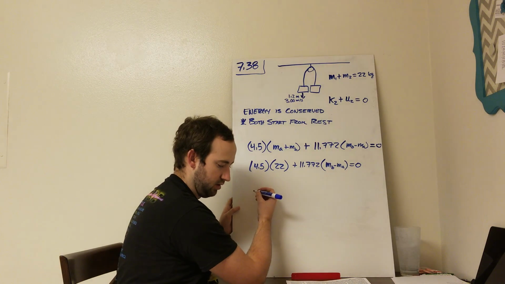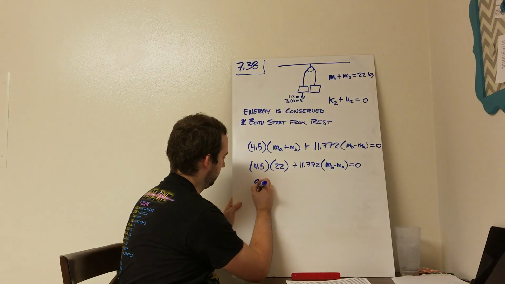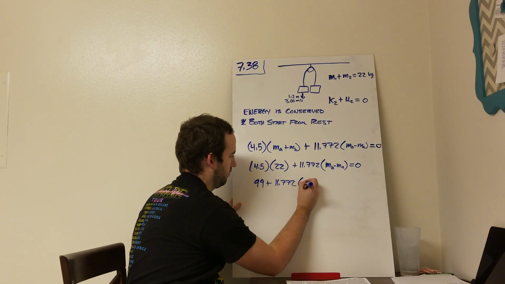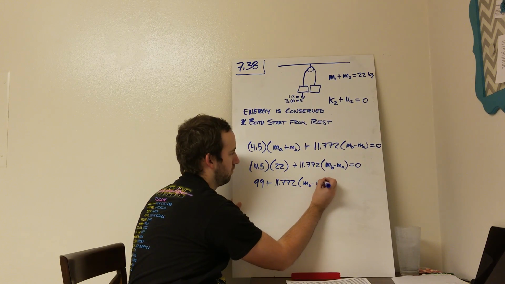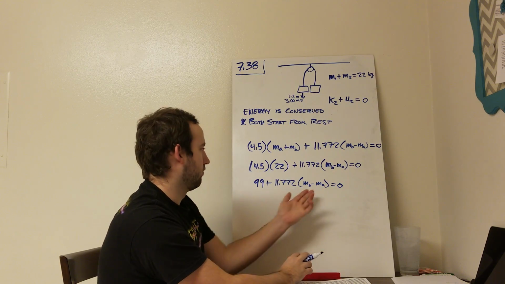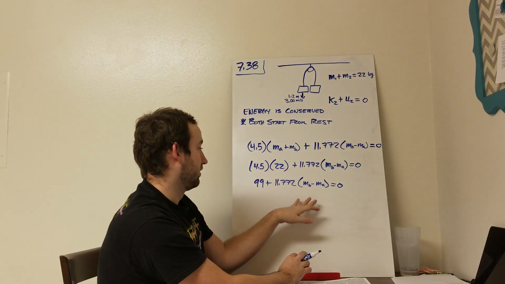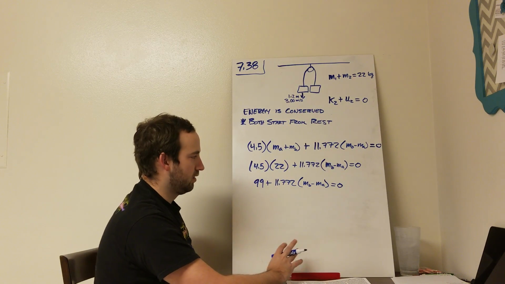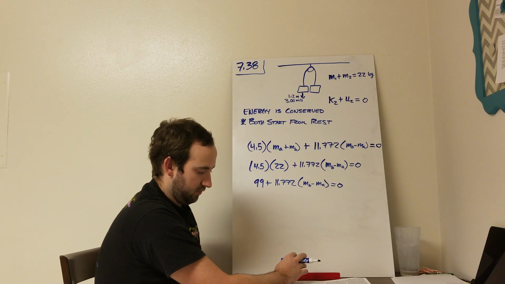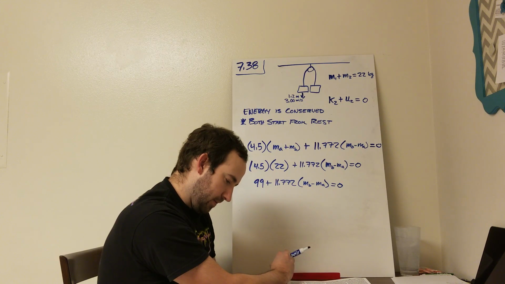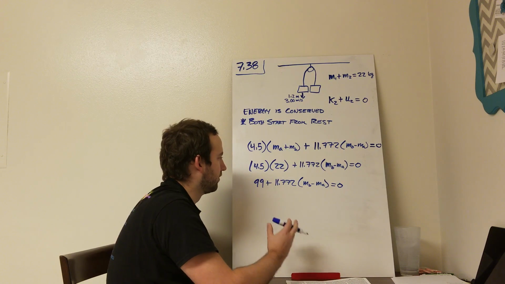So we'll end up with 99 plus 11. Okay, so we're getting pretty close. And now what we need to do is just solve for one of our variables. Because since we have two unknowns and two equations, we can figure it out. So let's solve for mA.